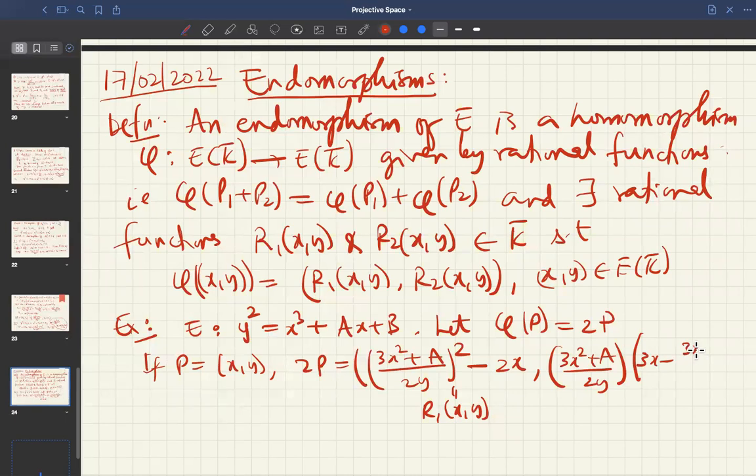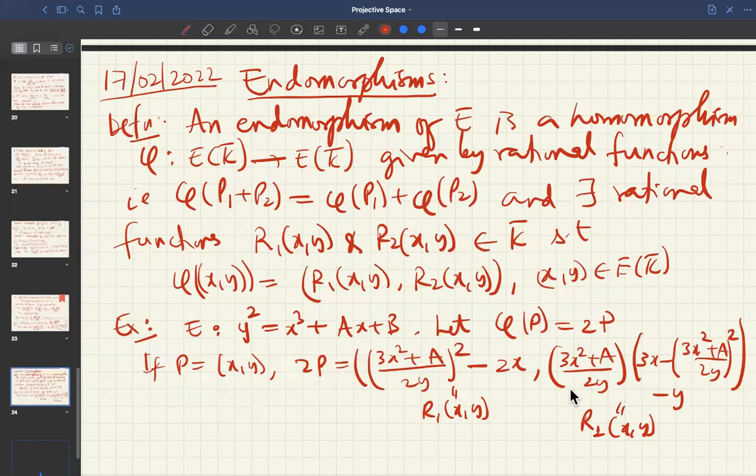3x minus (3x square plus a by 2y) whole square minus y. So this is R2 of x, y. Basically, it's just a homomorphism of the elliptic curve.